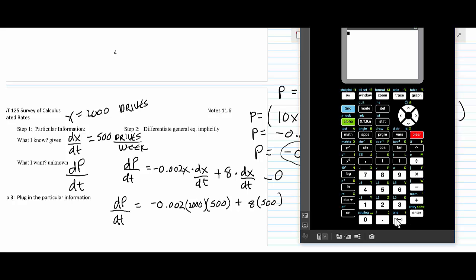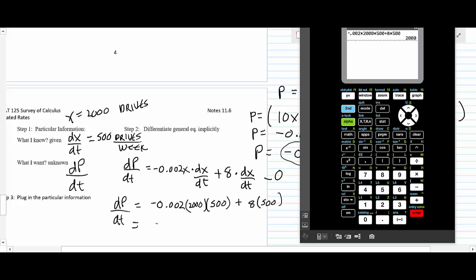So we get negative 0.002 times 2,000 times 500, plus 8 times 500, which is going to be 2,000.